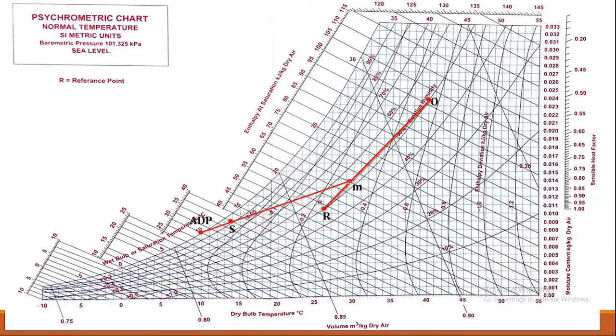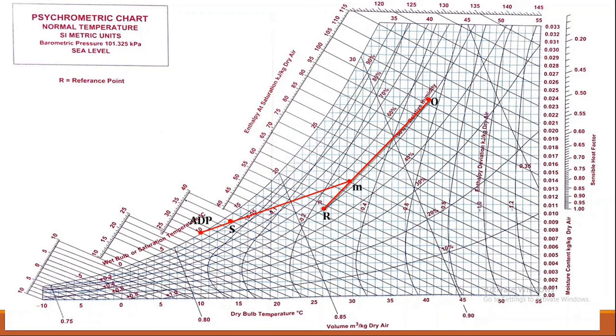Okay, so corresponding to M point, if I follow this line, I'll get enthalpy on this enthalpy scale. So HM I get corresponding to this line equal to 65. And the enthalpy corresponding to S point, I'll get that as near about 36.2.